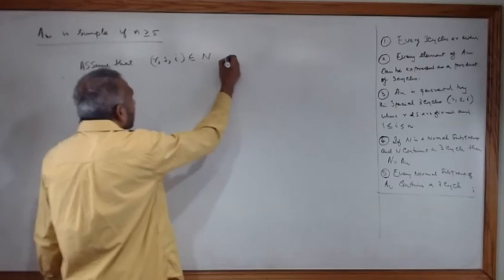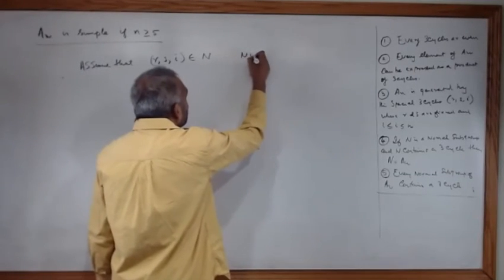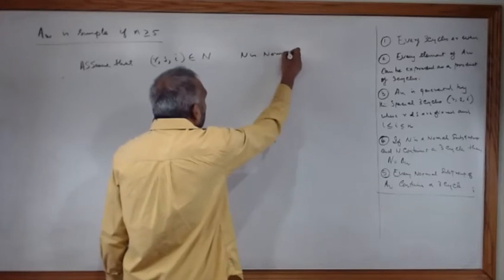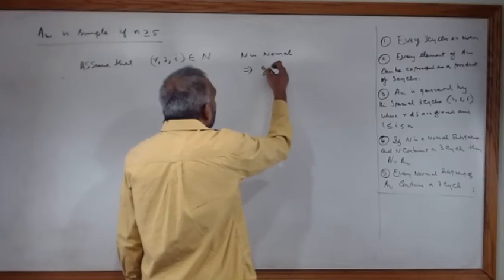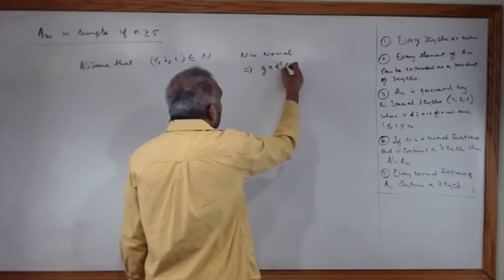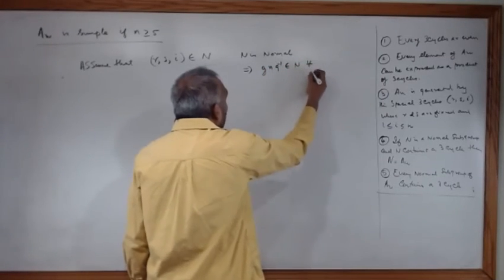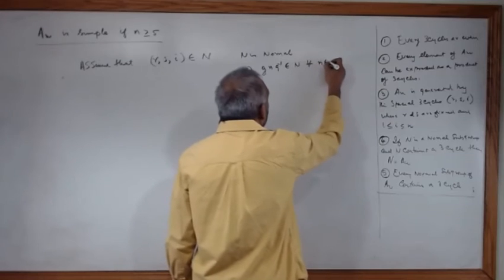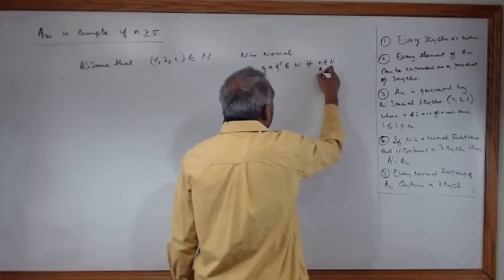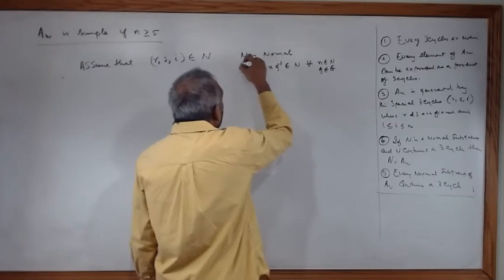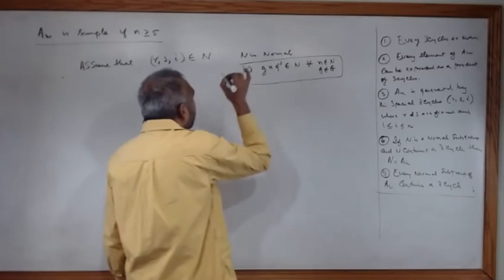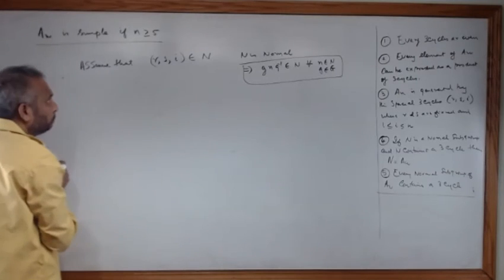See here, N is normal, which means that g n g inverse belongs to N for all n belonging to N and g belonging to G. This is the necessary and sufficient condition for a subgroup to be normal.